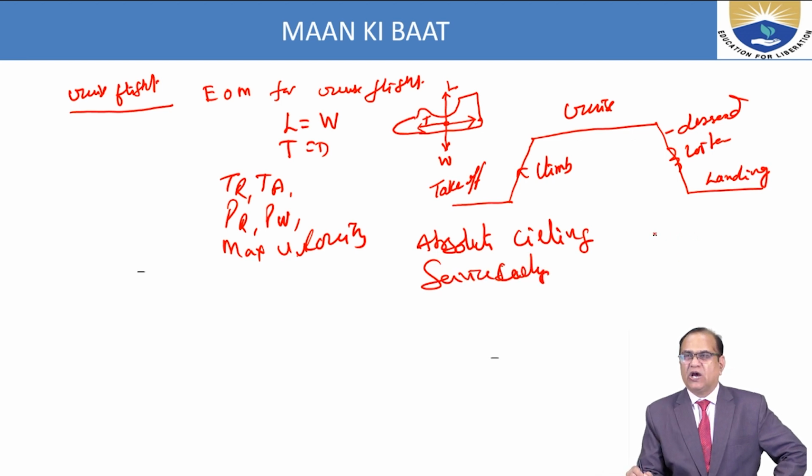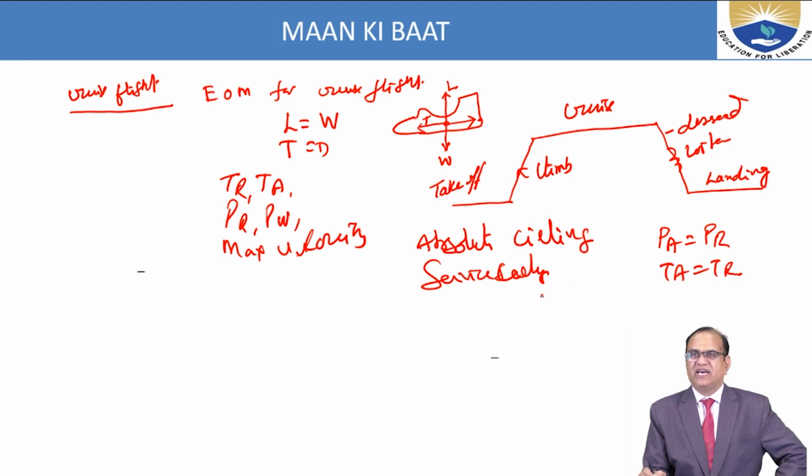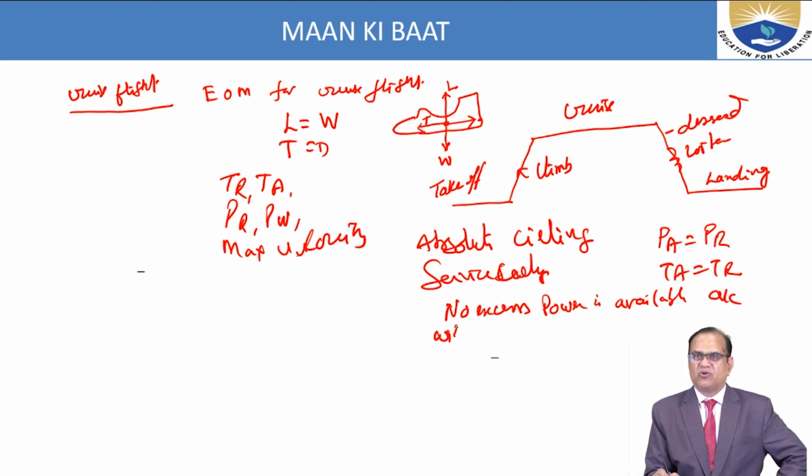Absolute ceiling means when PA is equal to PR or TA is equal to TR, there is no excess power available. The aircraft will not be able to climb.